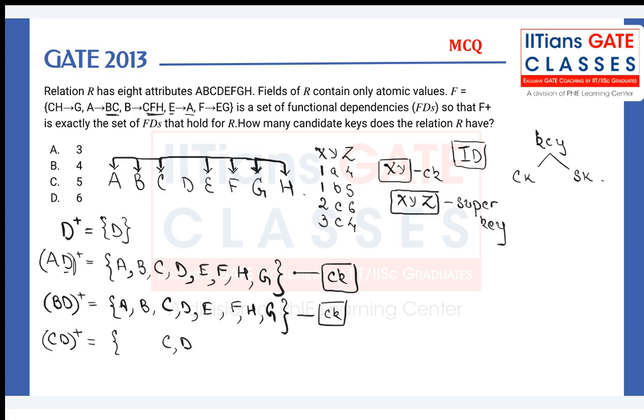This is interesting. Can I get anything else? So what does it mean? Is this a candidate key? No. This is not a candidate key.